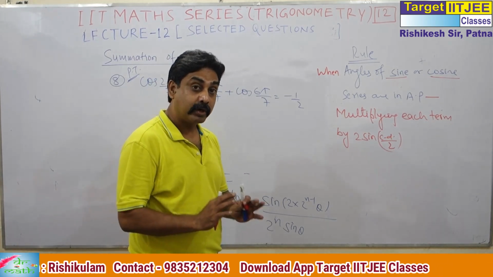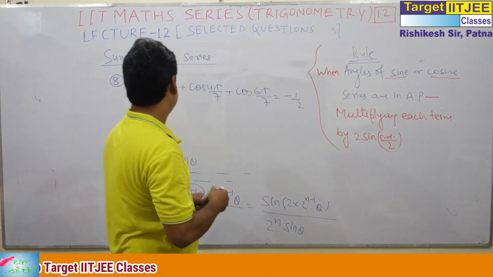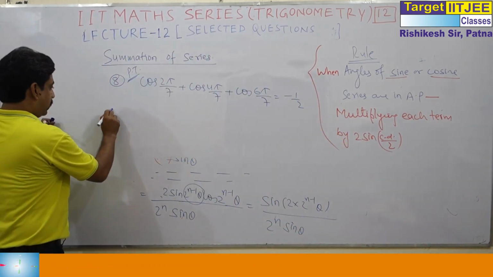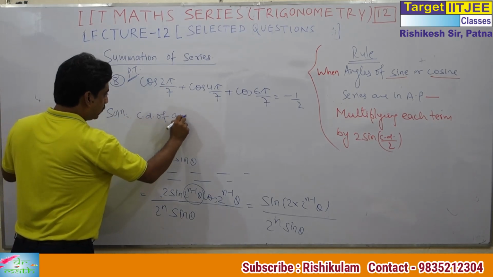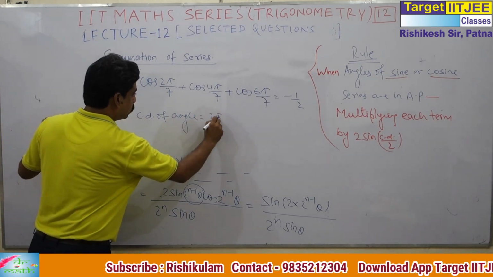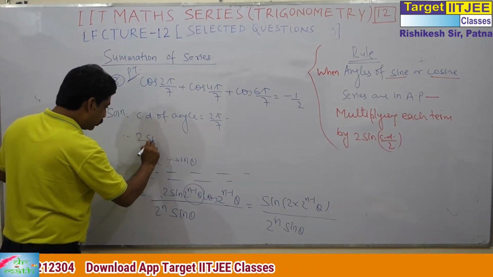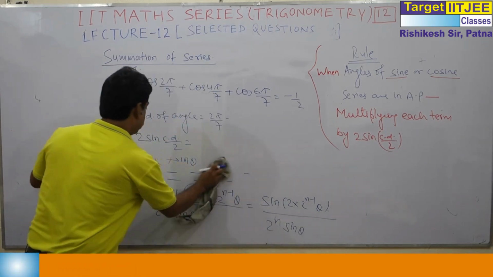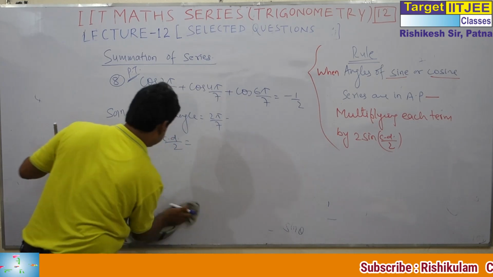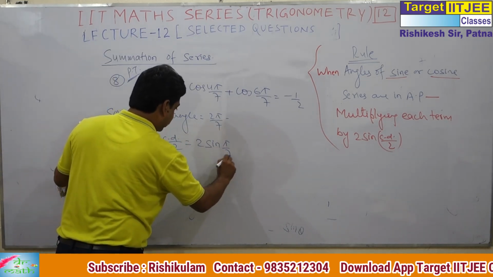We have to keep some more steps, but that you have to learn. See, here. Common difference of angle, what? This is 2 pi by 7, CD. Therefore, 2 sine CD by 2. What is this? 2 sine CD by 2 is 2 sine pi by 7.